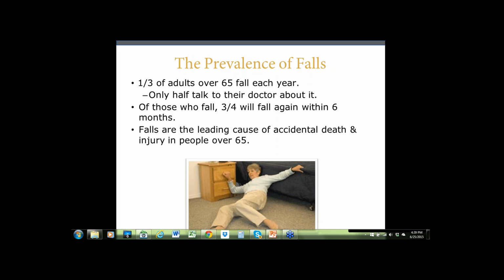So we're going to talk about the prevalence of falls. Essentially, one third of adults over 65 fall each year, but only about half of them are talking to their doctor about it. And the really interesting thing for me with this statistic is that the current estimate is that about 35% of Americans over 40 years old have a vestibular dysfunction, whether it's causing clinical symptoms or not.